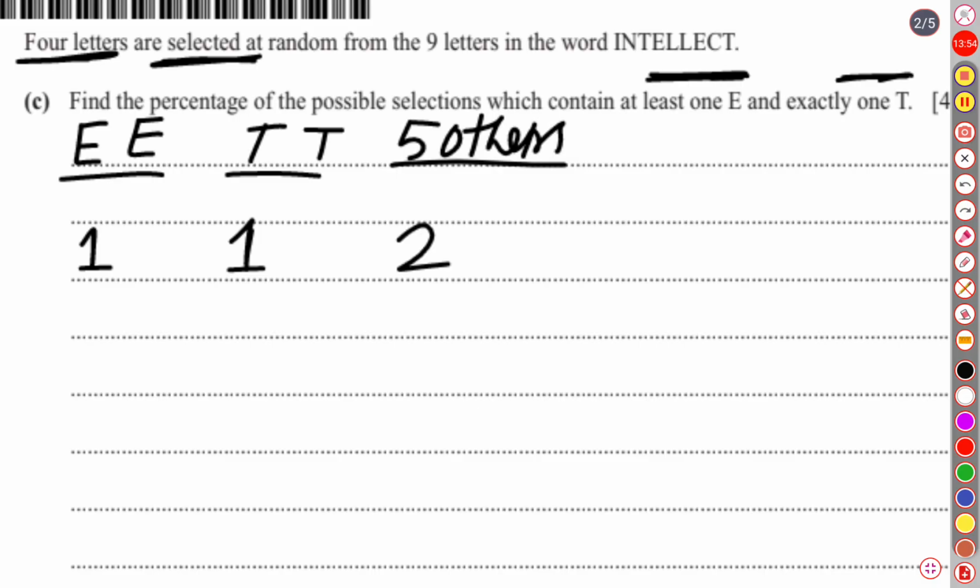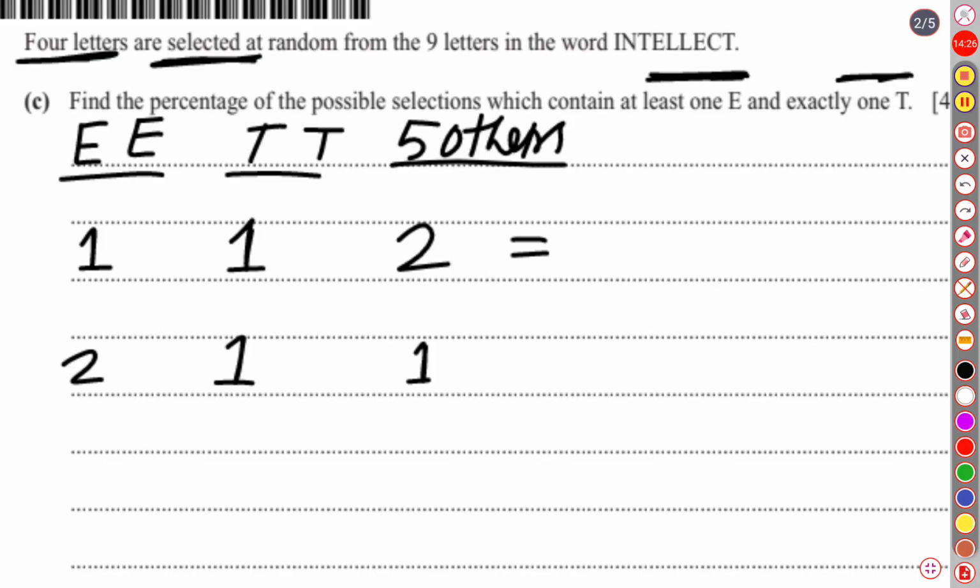After that, they told at least one E, so we can take even two E's. So two E's, and we cannot avoid T because there must be a T in each case. So from the remaining letters, how many letters can be taken? 2 plus 1, 3. So one more letter can be taken. And I think these are all the possible cases. Okay. So what is it going to be?